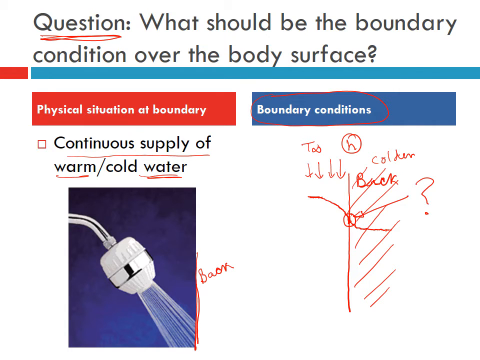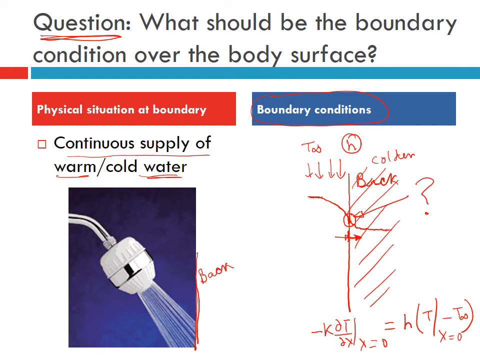What we know has to be true is that the heat supplied by water must be the heat going into your back. So minus k dT/dx at x equal to 0 is what is going into your back. That must be equal to h times T at x equal to 0 minus T infinity.